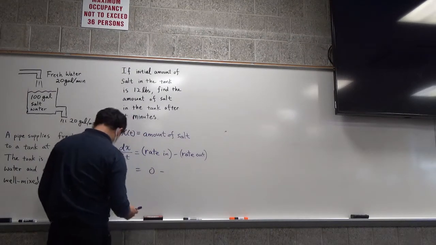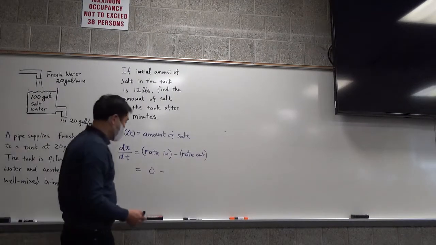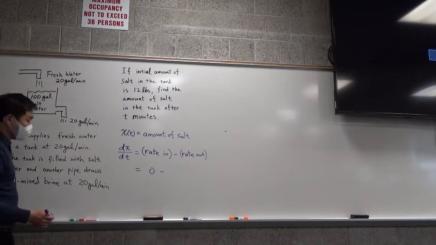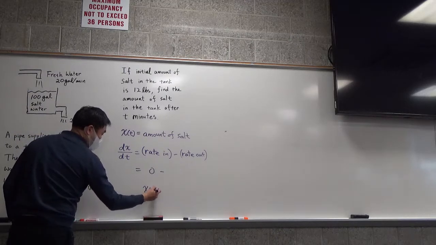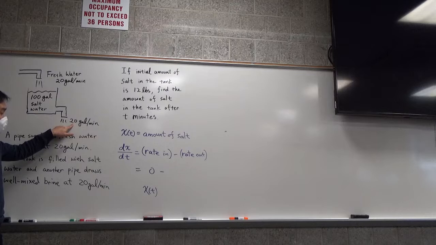And for the rate out, this is how you should think. So let's say you have x of t amount of salt in the tank, and then how much salt would you have inside the 20 gallons of water, the well-mixed brine?